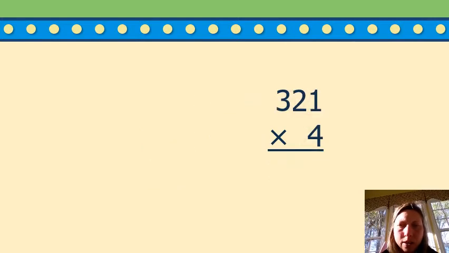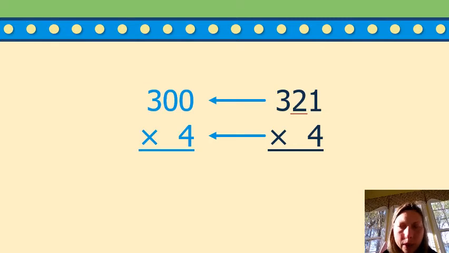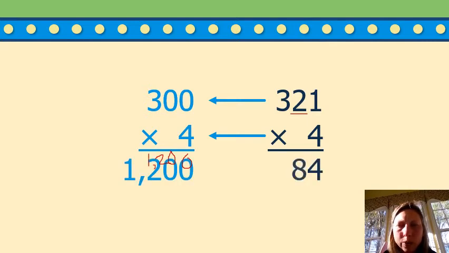All right, now we're going to round to the hundreds place, so we need to look at the 2 right here. That 2 is going to make 300 stay at 300, so 321 rounds down to 300. All right, if we bring down those two zeros and we do 3 times 4, we get 1,200. On the other side, 1 times 4 is 4, 2 times 4 is 8, and 3 times 4 is 12.